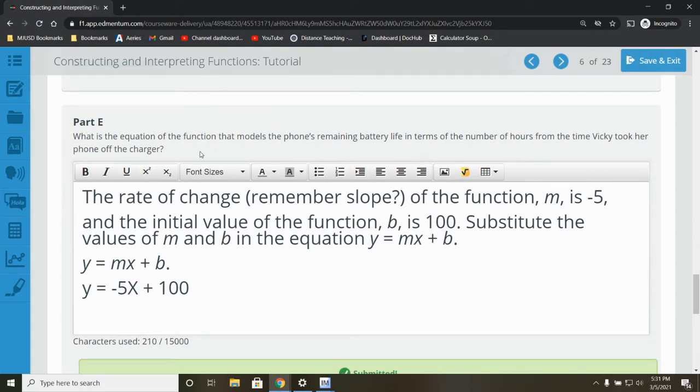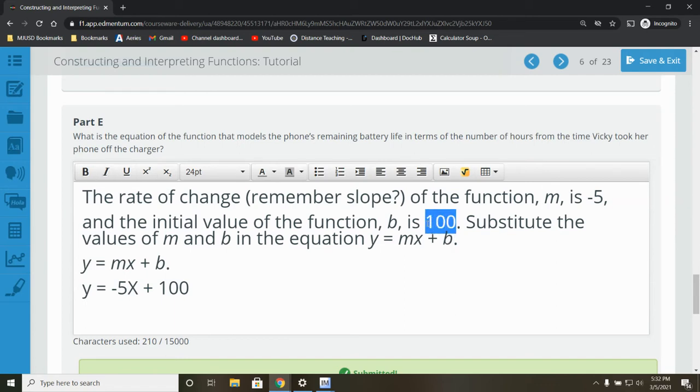What is the equation of the function that models the phone's remaining battery life in terms of the number of hours from the time Vicky took her phone off the charger? So the rate of change, remember slope, we just did a thing on slope, of the function m is minus 5. And the initial value of the function b is 100. Remember, the b at the end represents the point where the y-intercept is.